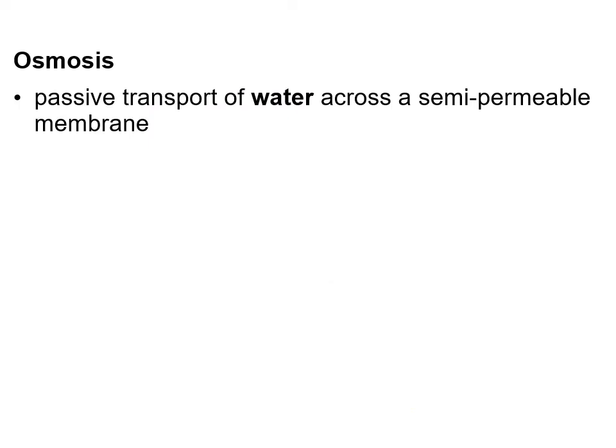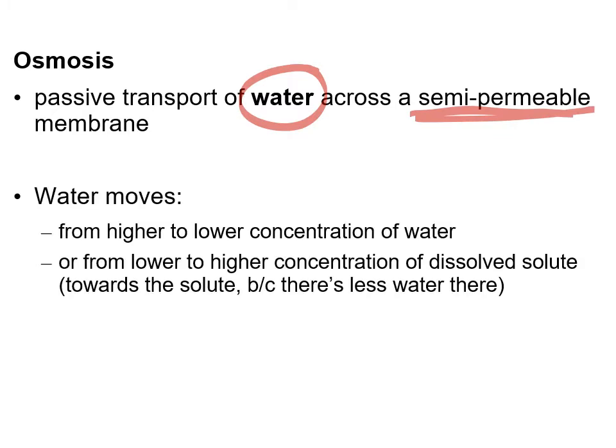Osmosis, again, is specifically the diffusion of water, and as long as water can go through the membrane, which we refer to as a semi-permeable membrane, it will move from the area of high concentration to low concentration. The thing that can change the concentration of water is what else is in the solution.